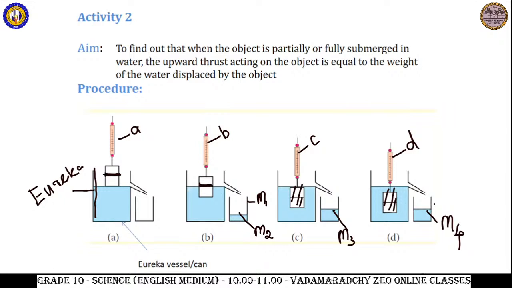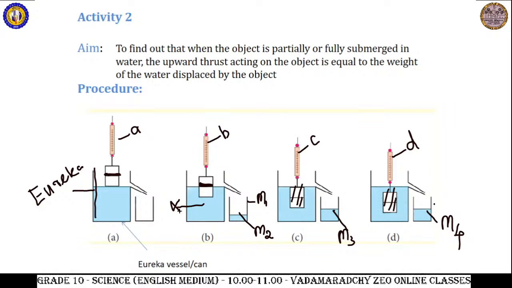We have already marked the line. Now we immerse the metal up to the line and get the Newton balance reading. At this time we recall that liquids can't be compressed.